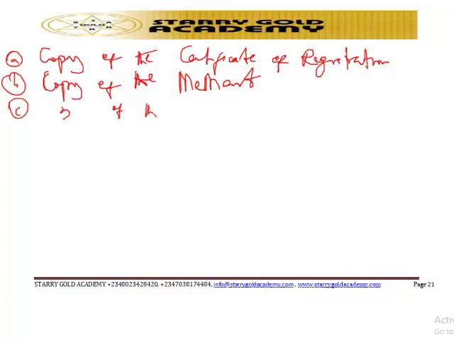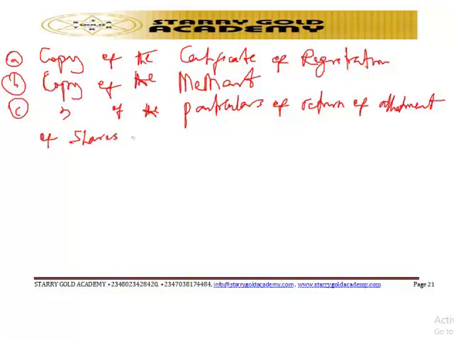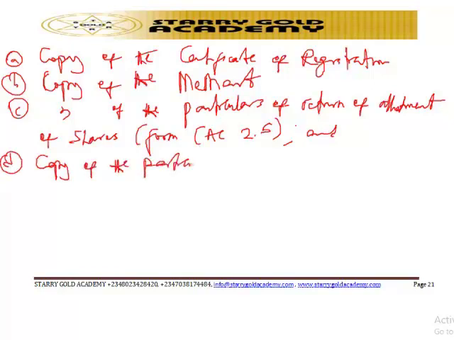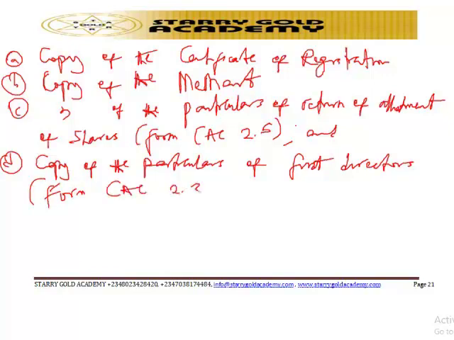You have a copy of the particulars of returns of allotments of shares, that's form CAC 2.5, and then a copy of the particulars of first directors, from CAC 2.3.